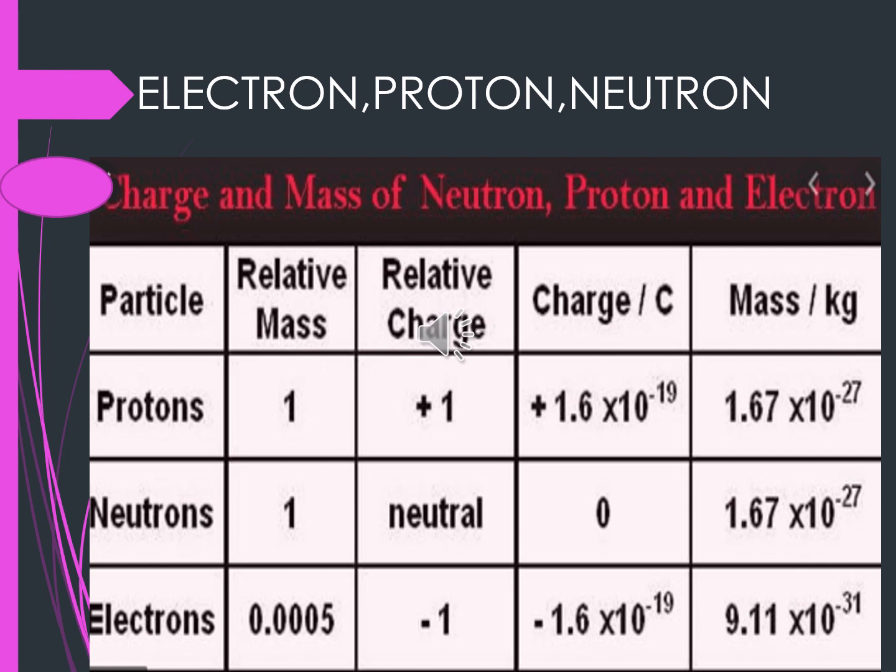Neutron has no charge. Next, the mass of the proton is 1.67 into 10 to the power minus 27. Mass of an electron is 9.11 into 10 to the power minus 31. And the mass of the neutron is 1.67 into 10 to the power minus 27.